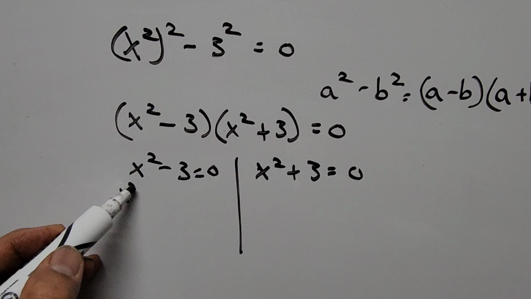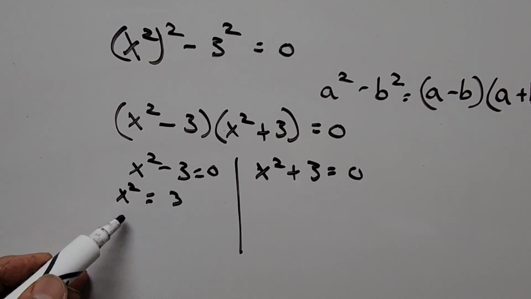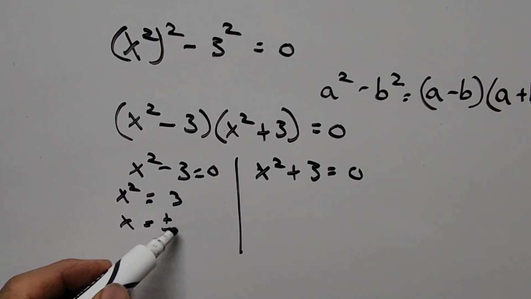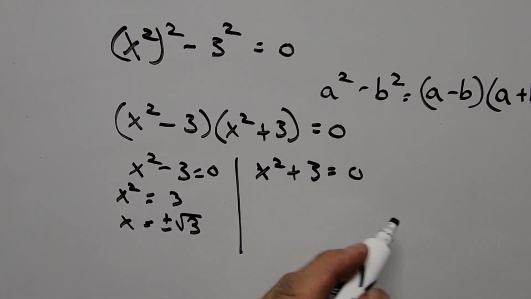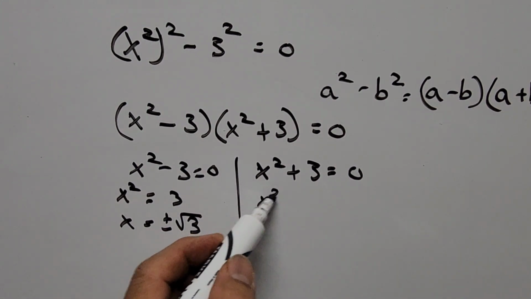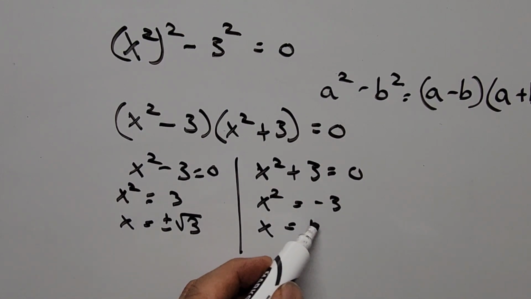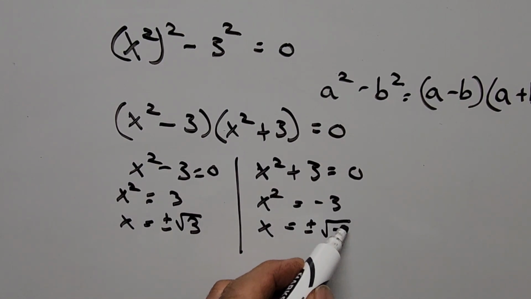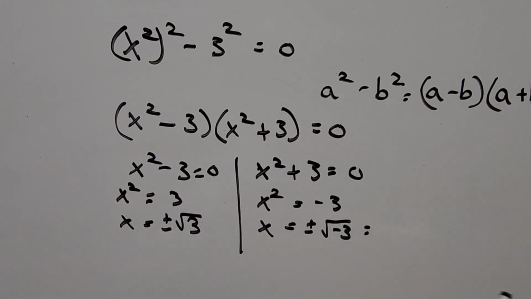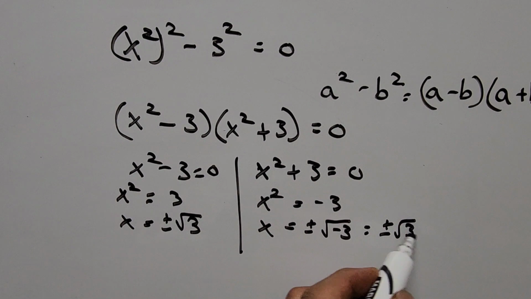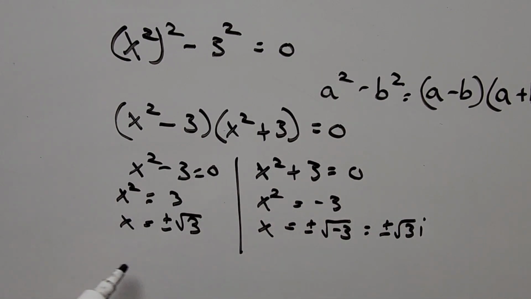Here, x squared is equal to 3, so x is equal to positive negative square root of 3. Right hand side, x squared is equal to negative 3, so x is equal to positive negative square root of negative 3, or this can be written as positive negative square root of 3 times i. So we have 4 roots of x.